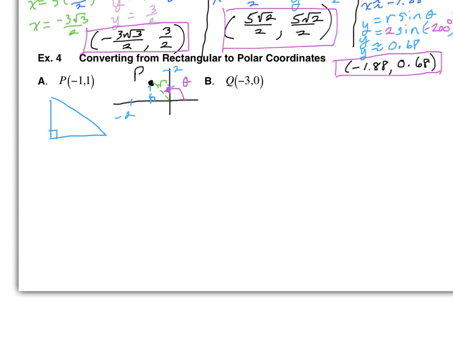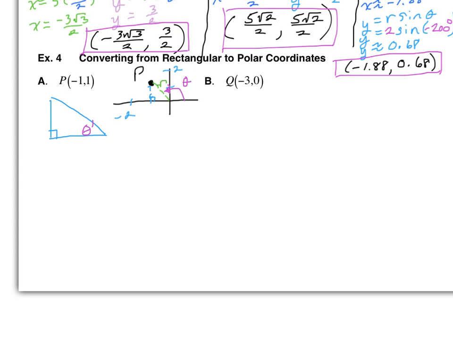Theta goes from the initial side to the terminal side where r is. In our triangle, isn't this theta prime? It is not theta. So when we find theta prime, what are we going to have to do with it? We're going to have to subtract it from 180 to see what our theta really is. So keep that in mind.